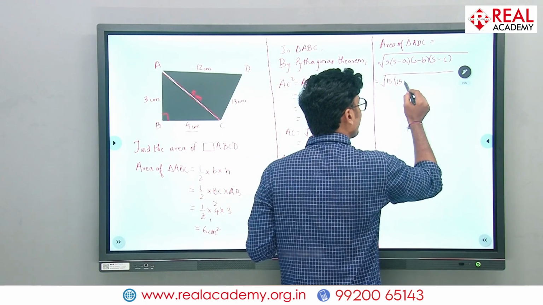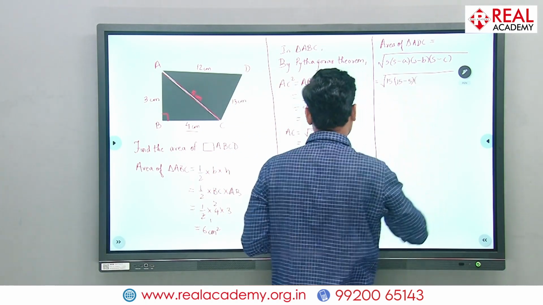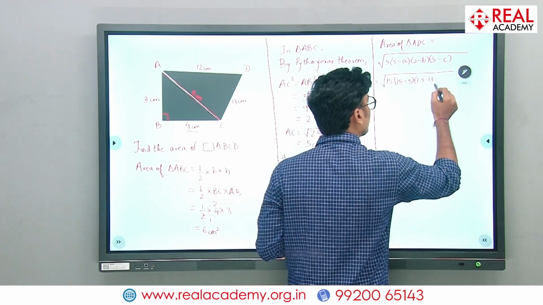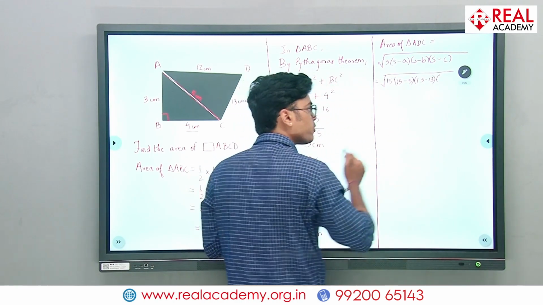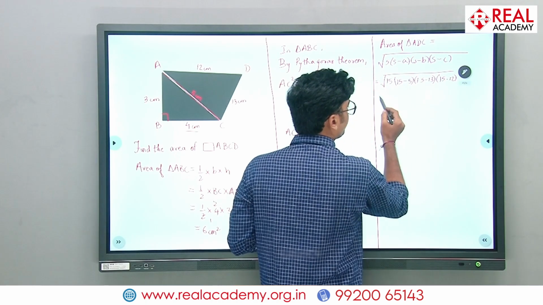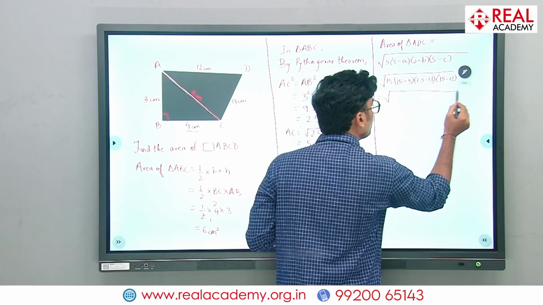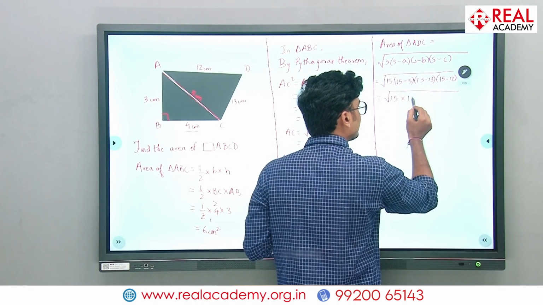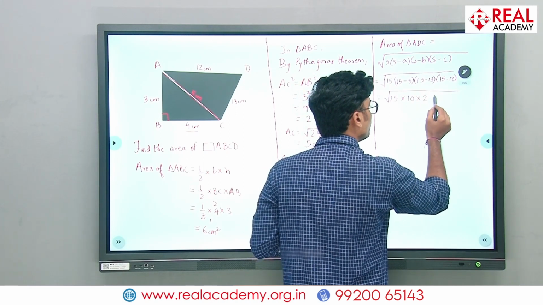First side we have taken 5. Second side is 13. So 15 minus 13. Third side is 12. So 15 minus 12.